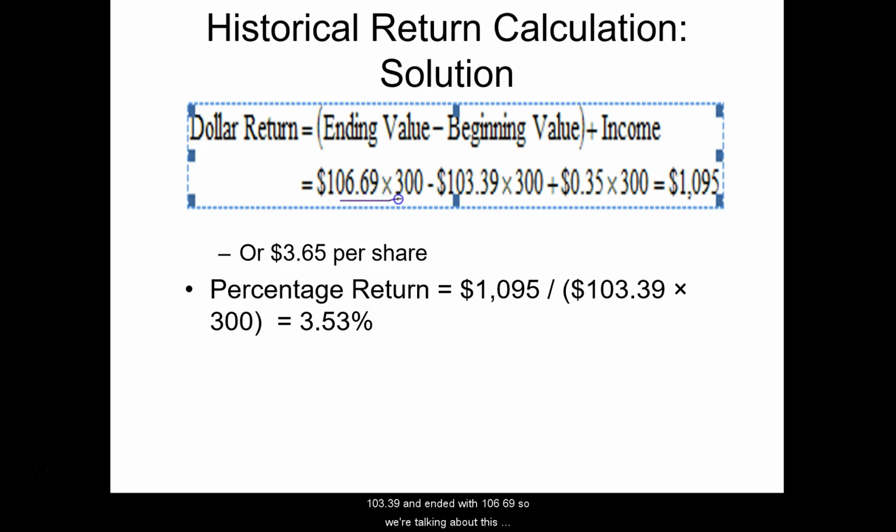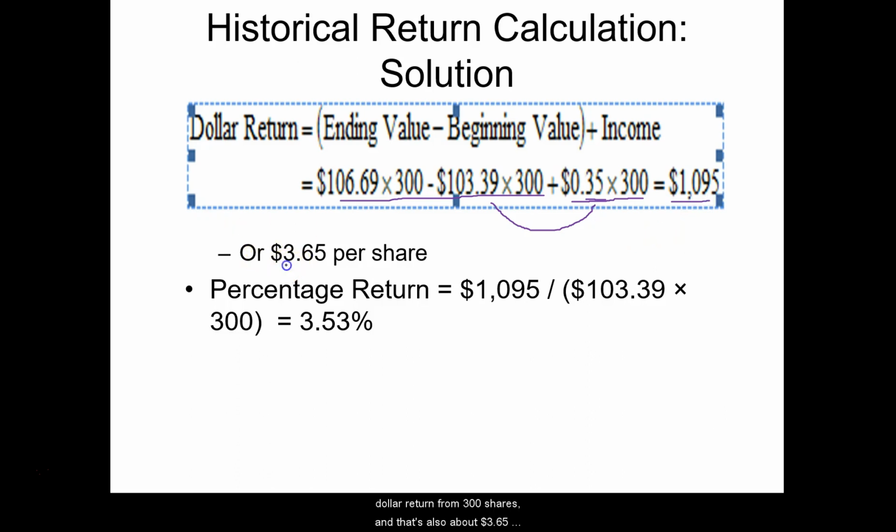So we are talking about this much total as the capital gain, and 35 cents per share as dividend. So 300 shares altogether, it will be this much as total dividend income. If you add up the capital gain and dividend income together for 300 shares, that will be $1,095, and that is the total dollar return from 300 shares.